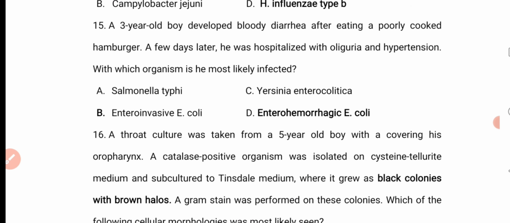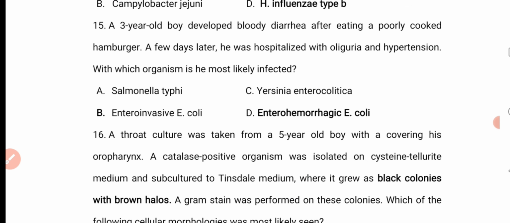But next, he was hospitalized with oliguria and hypertension. When we link these scenarios, we can conclude that the person is experiencing severe bleeding. In enteroinvasive Escherichia coli infection, there is some bloody diarrhea actually, but it's not that much because it's not hemorrhagic.